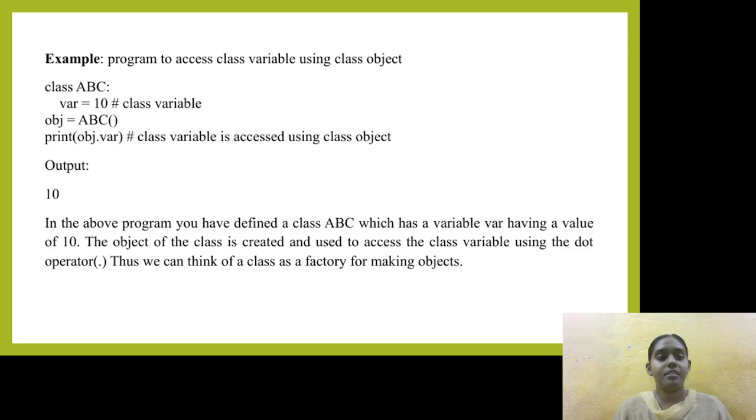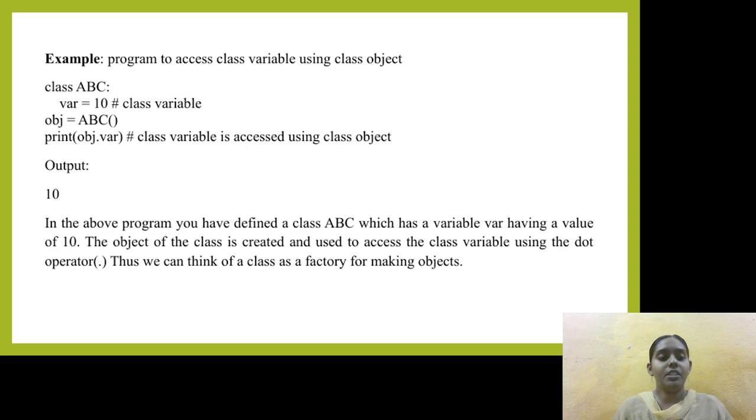Next, here is an example program to access a class variable using a class object. The class name is ABC, the class variable is var = 10, and obj = ABC() is the object creation.